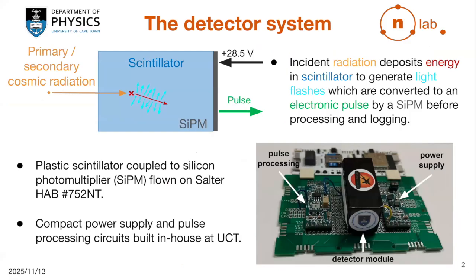We have incident radiation from cosmic processes, whether that's a neutron or a proton or a photon, incident on our detector, which is called a scintillator detector. This radiation deposits energy in the form of flashes of light, which bounce around the detector and then eventually get picked up by a photodetector of some kind. In our case, that's a silicon photomultiplier.